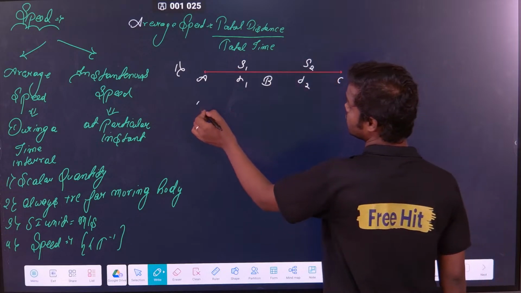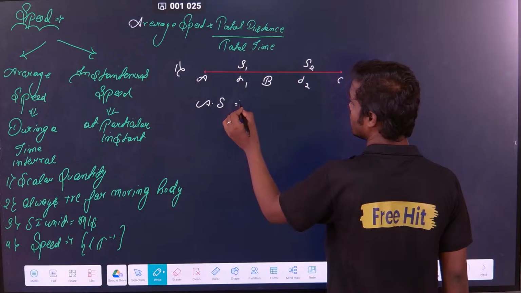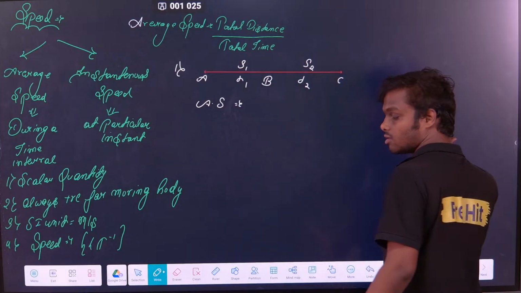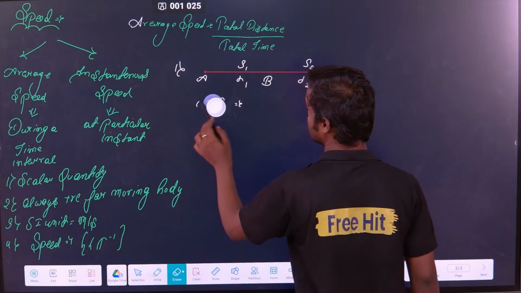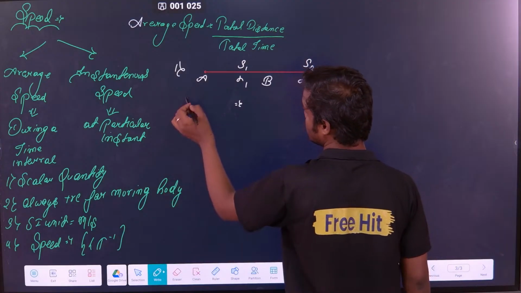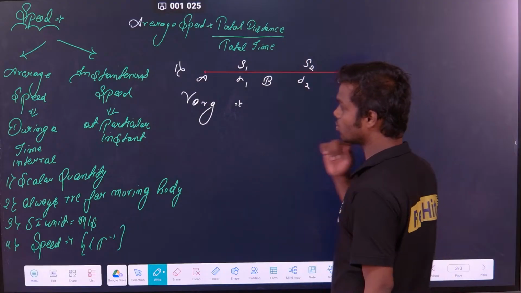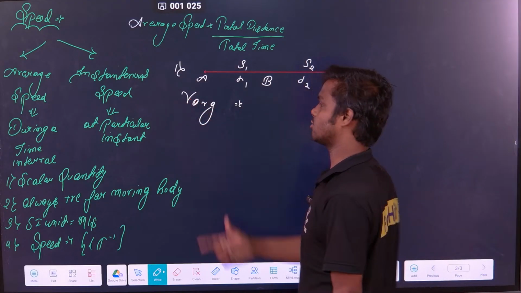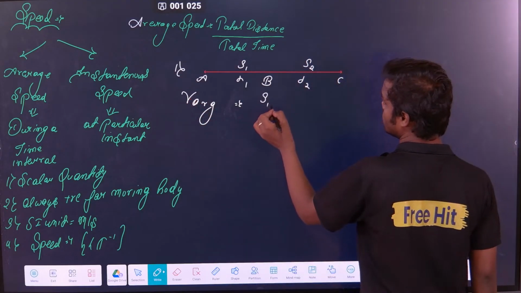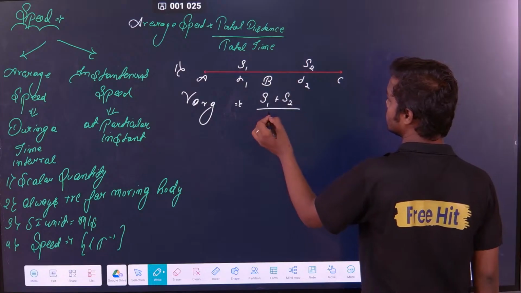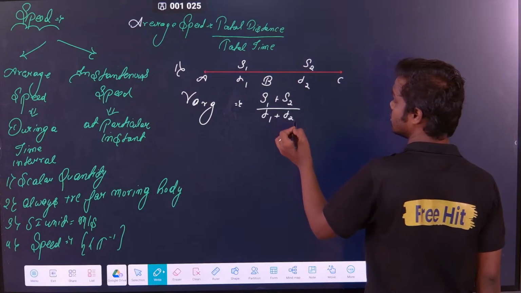So what is my average speed? AS, average speed, or you can write it as V average. I am not putting vector sign, because it is a scalar quantity. That is defined as total distance S1 plus S2 divided by T1 plus T2.